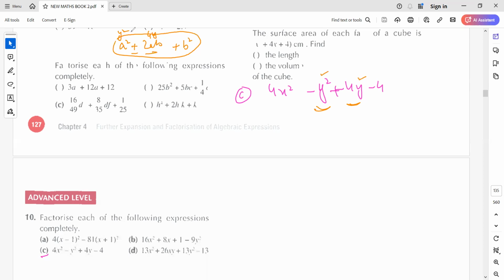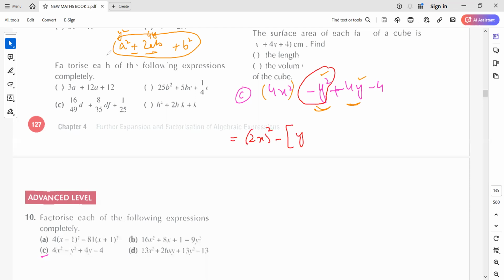So that means the 4x squared term is going to be kept separate, left solitarily. So this is what we are going to do now. 4x squared can be written as square of 2x. Then we can take negative sign common from these three terms to make the first term y squared a positive term.